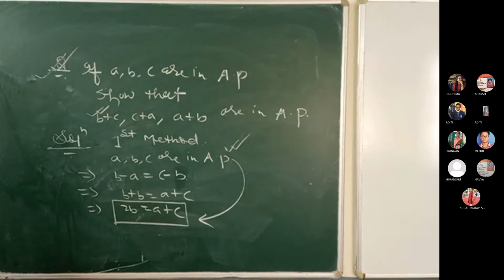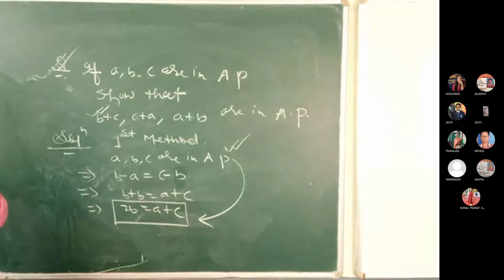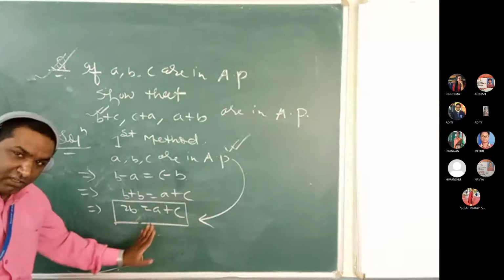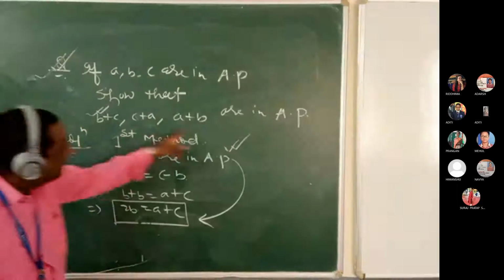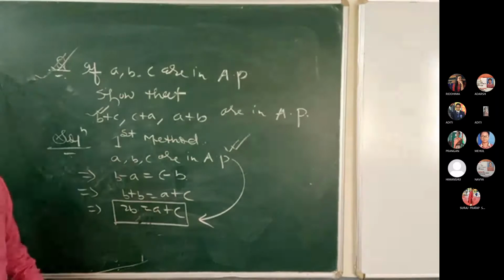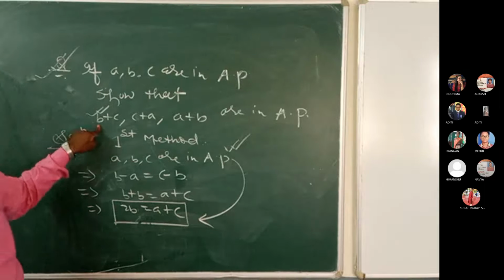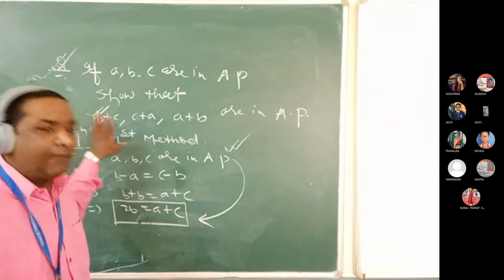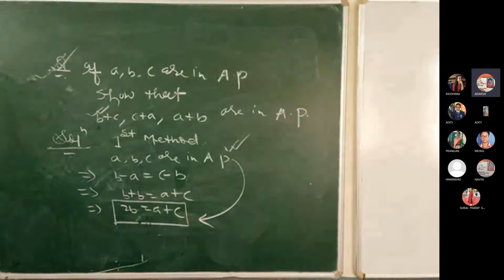What I am trying to say is, the same result 2B is equal to A plus C, I am going to prove by this sequence also. If that happens, it means that this sequence is also in AP. Is that okay?